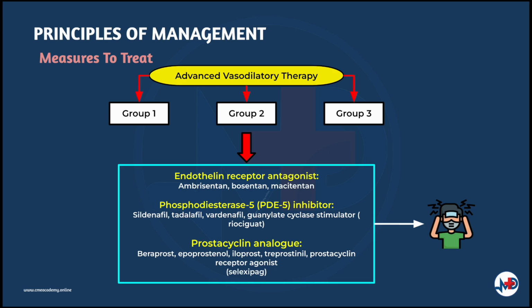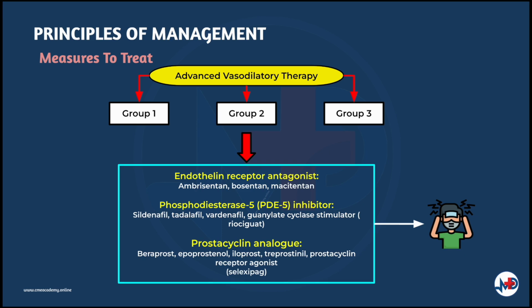There are three main classes of therapy, each targeting different pathways. The endothelin receptor antagonists such as ambrisentan, bosentan, and macitentan blocks the endothelin, which is the vasoconstrictor. The phosphodiesterase 5 inhibitors such as sildenafil, tadalafil, vardenafil, and guanylate cyclase stimulators such as riociguat results in vasodilation through the nitric oxide pathway.